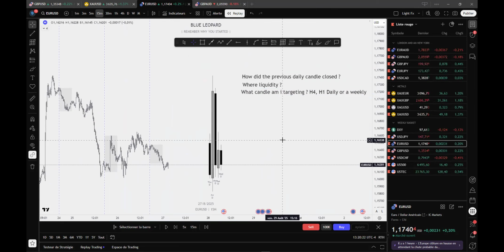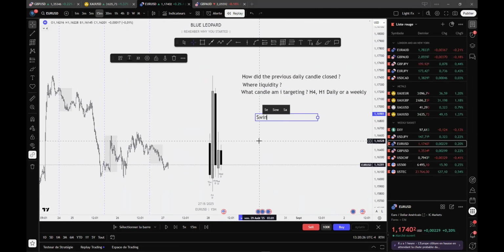You have swing points like this. You have equal levels, like equal highs or equal lows. You have weak supply and demand zones. You also have trend lines. It's liquidity.